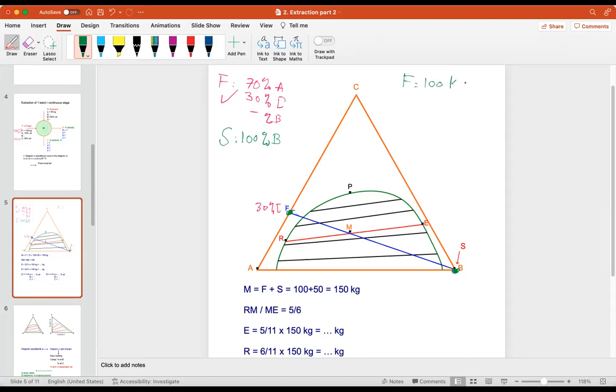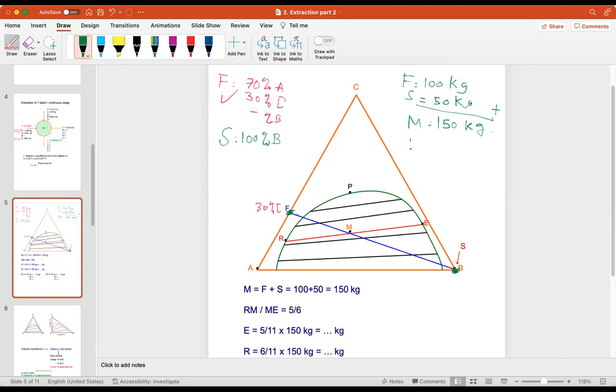Now you know that F is 100 kilogram, S is 50 kilogram, so the total mixture is 150 kilogram. To get the point where M is, you need to use the ratio.